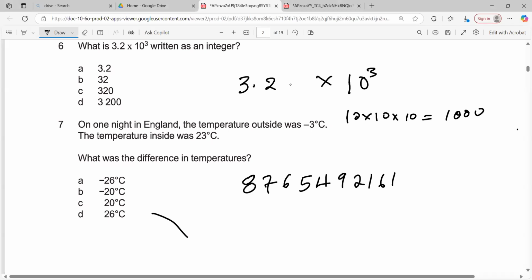So then that means because 1,000 has 3 zeros, you would only have to, because it's 3.2, that means because 2 is in the tens place, you would only add 2 zeros.